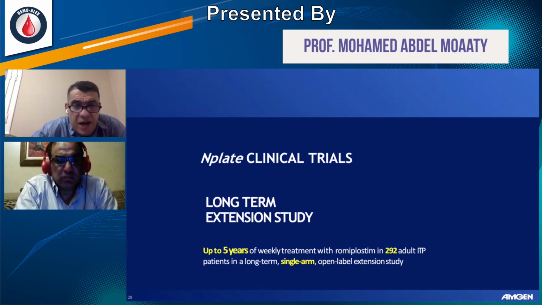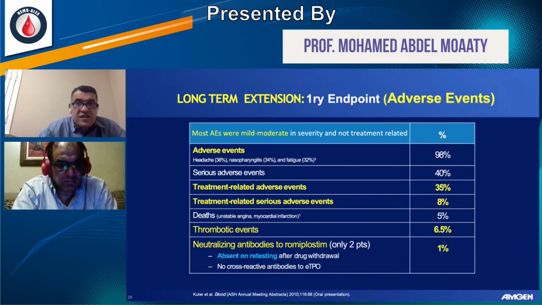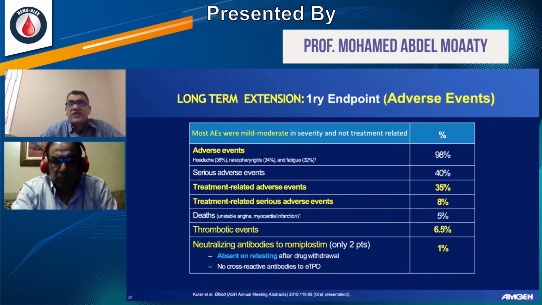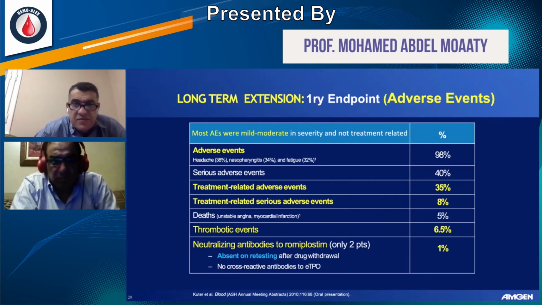Lastly, we review the up to 5 years of weekly treatment with romiplostim in about 300 adult ITP patients in a long-term single-arm open-label study. Again, treatment-related adverse effects occurred in 1/3 of patients, with treatment-related serious adverse effects in 8%, and thrombotic events occurring in about 6%.